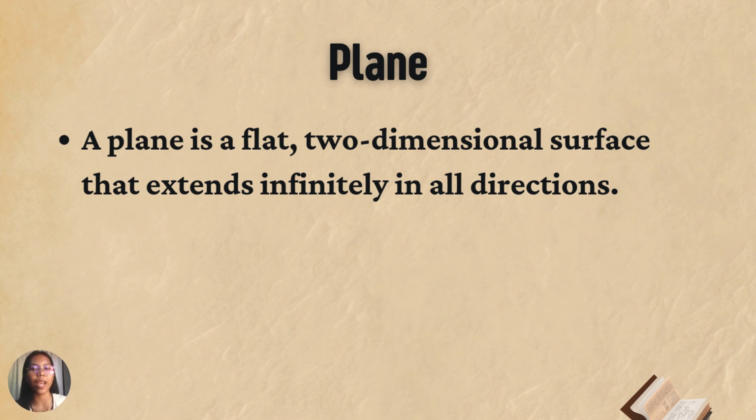A plane is made up of an infinite number of points and lines. Any three non-collinear points, or points that do not lie on the same straight line, define a plane. Examples of a plane in real life are the surface of the table and the whiteboard or the chalkboard in the classroom.